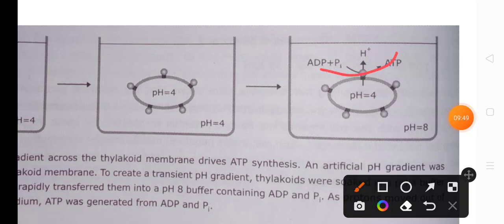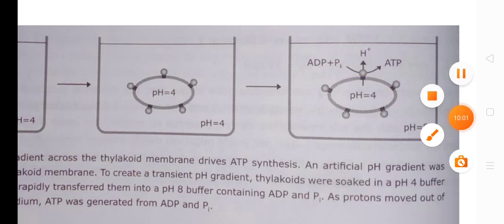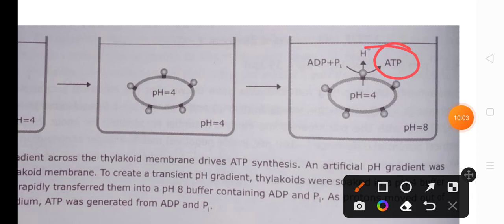Now the question is, here we have not used any kind of energy, because we have not used any light, there will be no form of energy here. So how is this ATP generated? After experiments, it was observed that the transmembrane proton gradient that facilitates the removal of protons from the lumen into the environment also drives the synthesis of ATP.